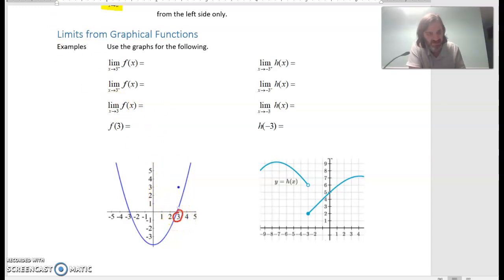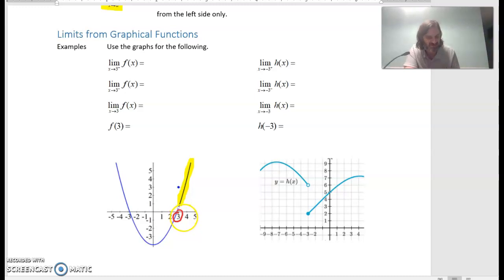I'm following the graph from that side. It's a little hard to tell what's going on, but as I get closer and closer, I see this hole as I get close to x equals 3 from the right-hand side. Well, there's no reason I wouldn't expect to hit that hole. So the expectation is that I'm going to go exactly where that hole is.